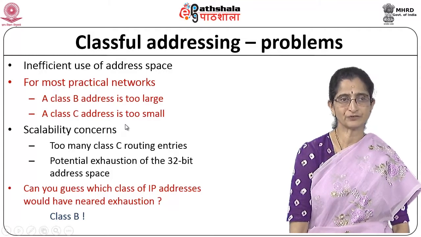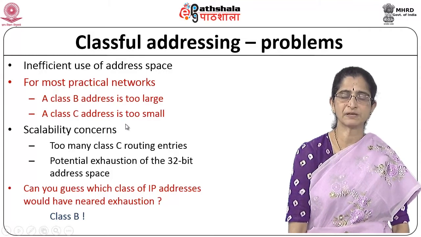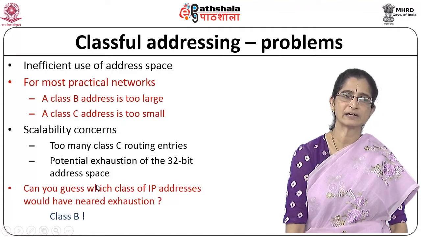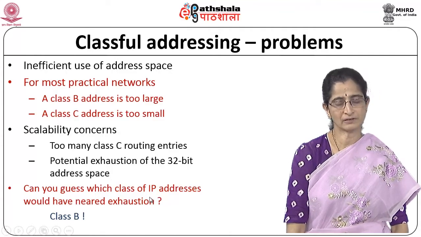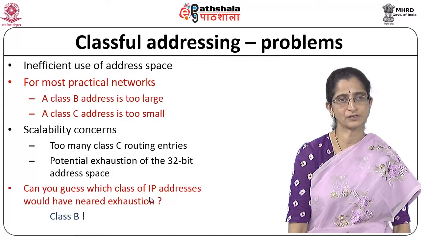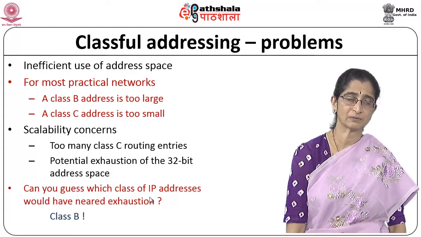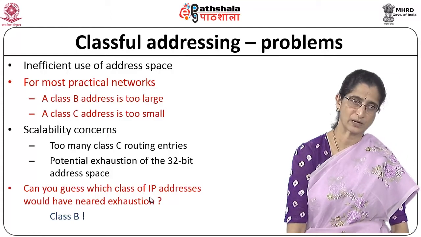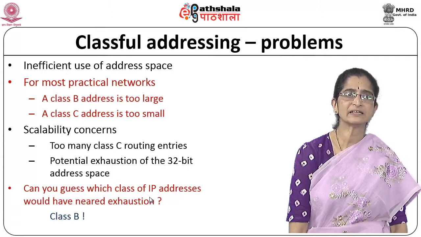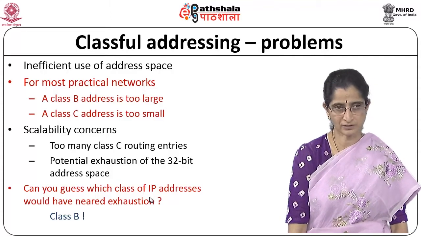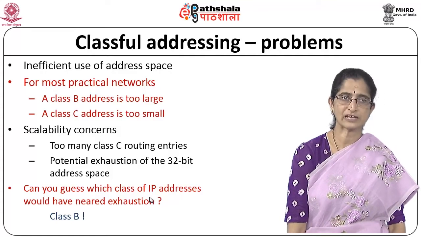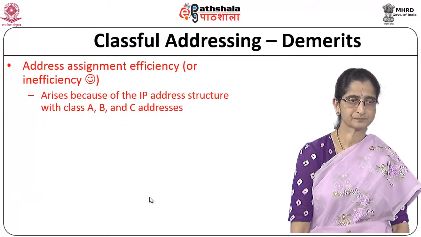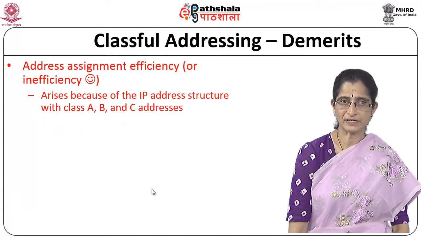So you pick up class B addresses again and again, and therefore you come to this problem of exhaustion of all the class B addresses that are available. Because remember, we have only 2 power 16 different class B addresses, so they get exhausted quite quickly. So this is a problem that the internet has run into over the years, and there have been solutions proposed for this particular problem. So that is what we need to be looking at.